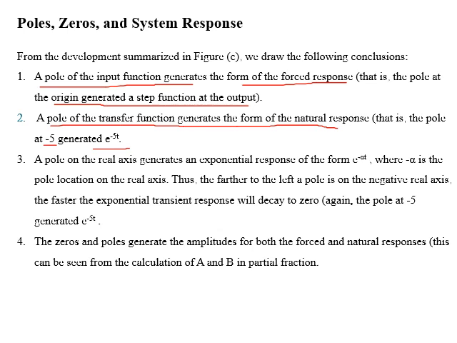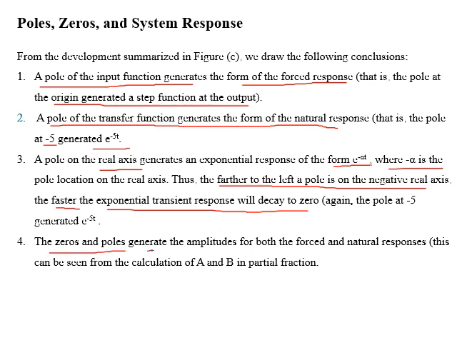Third one is, if we have a pole minus alpha on the real axis of S plane, this will generate an exponential response of the form e power minus alpha t. And as you move the pole to the negative side of the real axis, the response of the system will become faster and the exponential transient response will decay to 0.